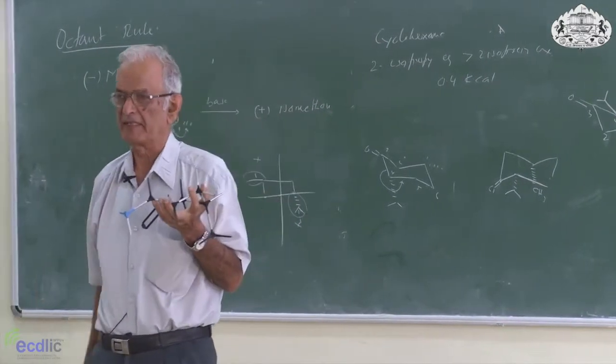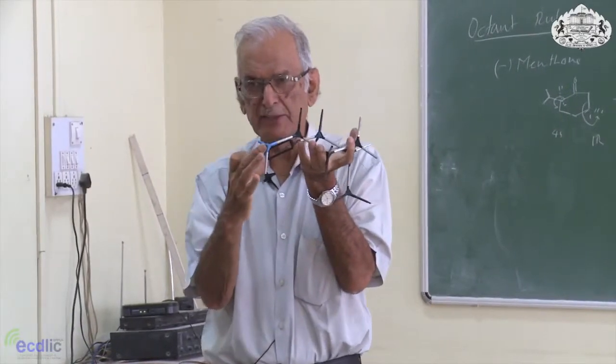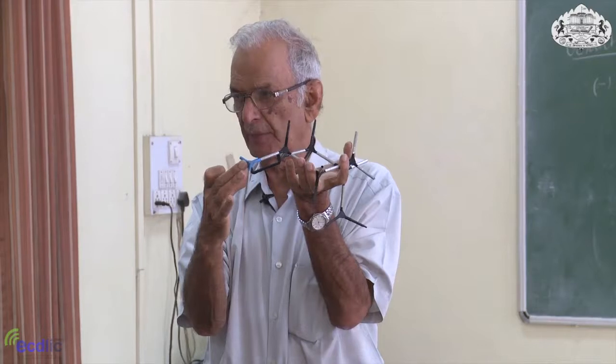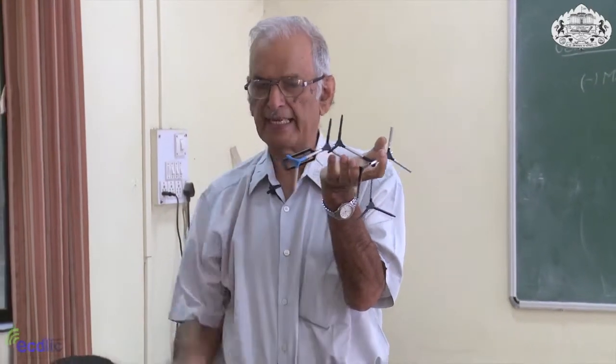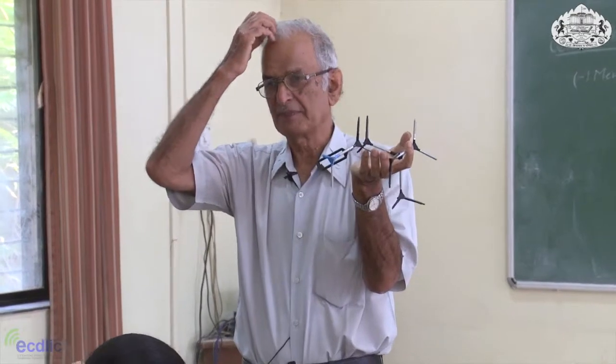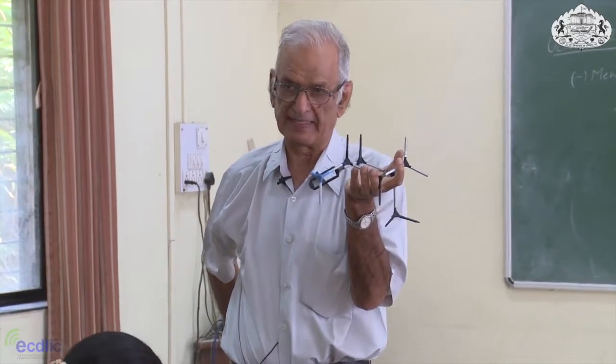That is the point. In a ketone, the substituent at the 2 position in equatorial geometry is eclipsing the carbon-oxygen bond, and therefore it does not have the same difference as in a cyclohexane.